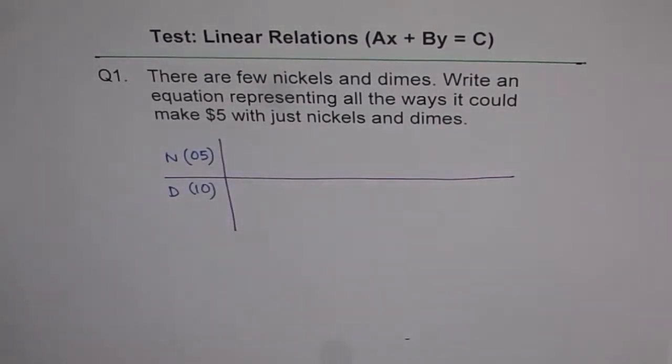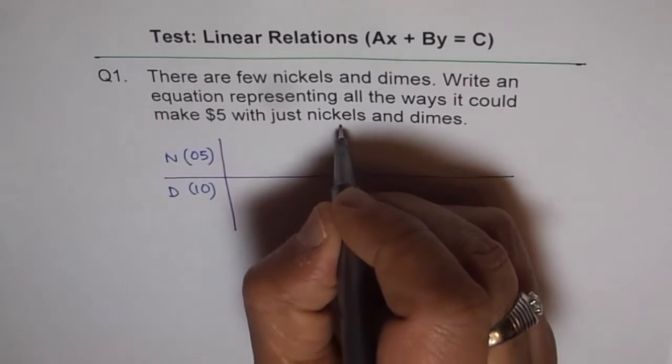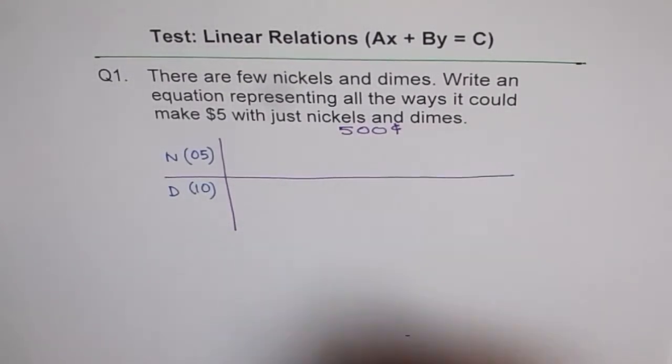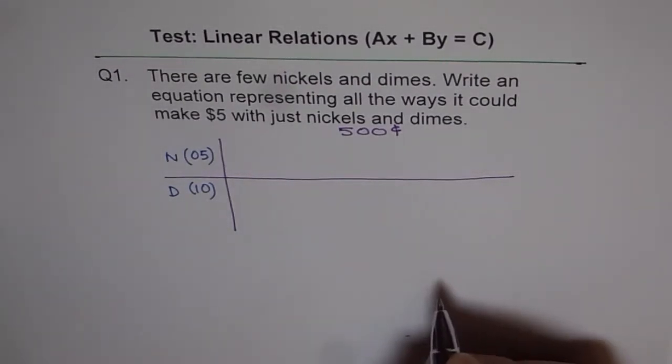So what we need really is a total value of 500 cents. We are talking about now only values in cents, so we are avoiding decimals for the time being.